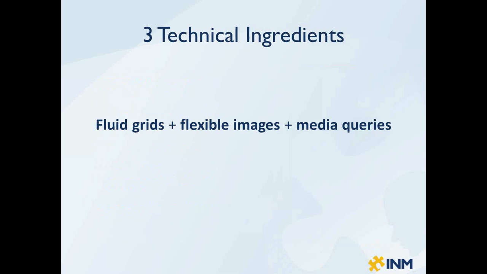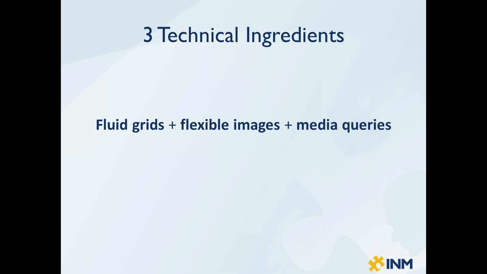So there's three technical ingredients behind the responsive layout, and that's using our old friend, the flexible grid, flexible images, and media queries. And without going into too much technical detail about what each of these are, what's important to know is that the combination of all three allow you to create a layout that fully responds to the browser width.